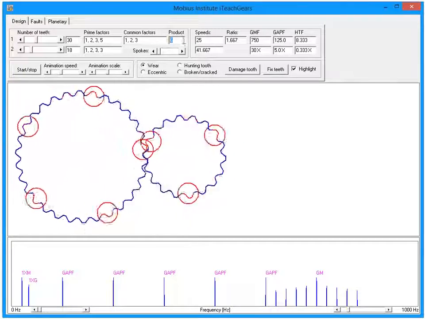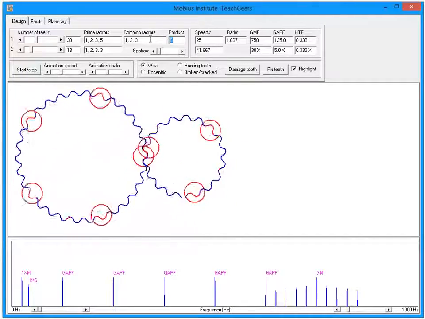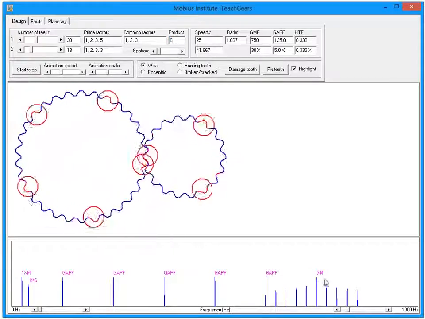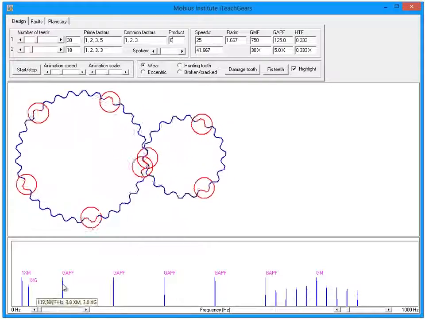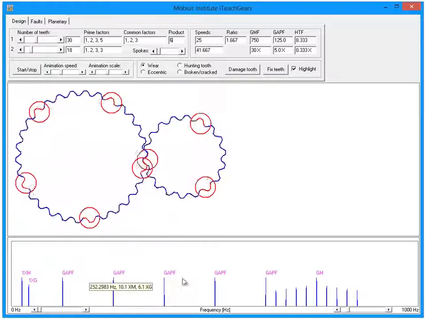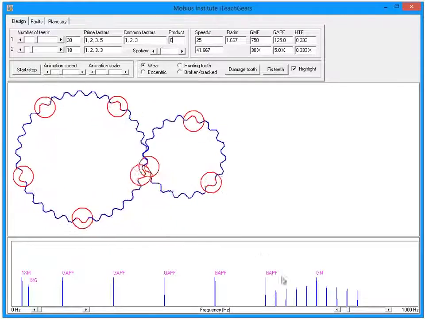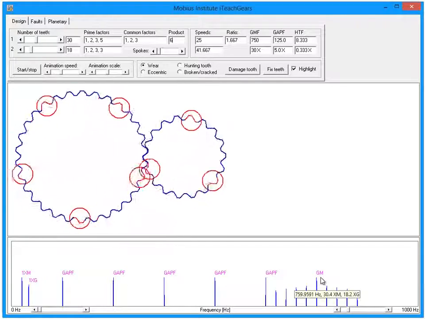So there's my product of my common factors. They are the prime factors that are common to both gears. And so our gear mesh frequency divided by 6 is this. And we have harmonics of it. Of course, there are 6 harmonics: 1, 2, 3, 4, 5, 6. Anyway, all the math works out.